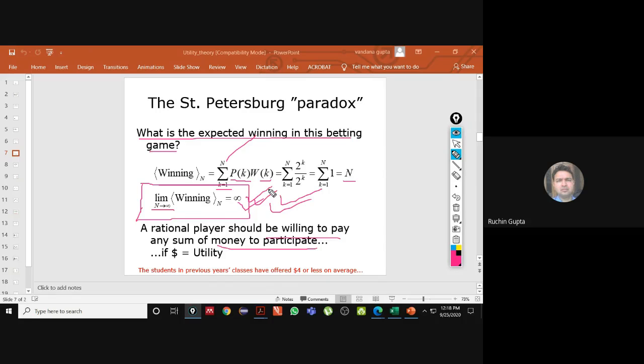So in that case, the player would be willing to pay any sum of money to participate in such a game. Okay, so the question is the amount. Okay, whether this amount of money is going to be the utility for the player.